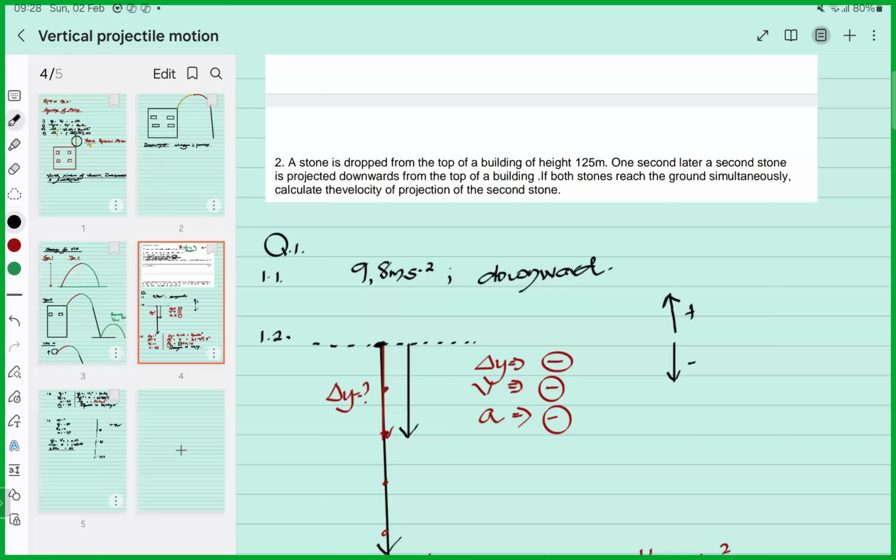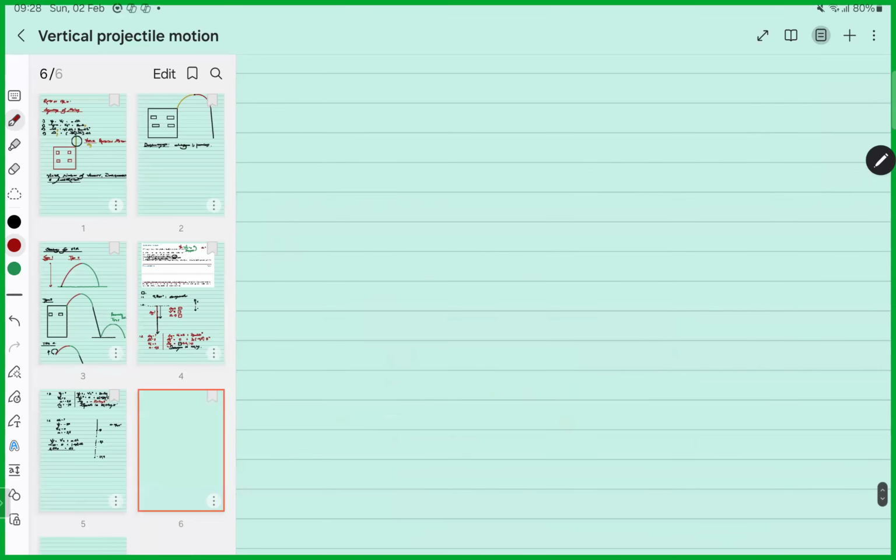All right, let's read. A stone is dropped from the top of a building with a height of 125 meters.